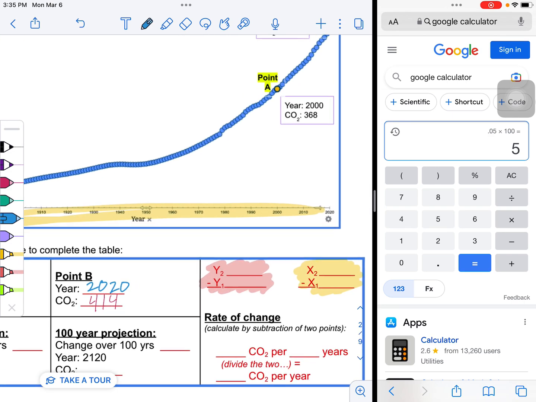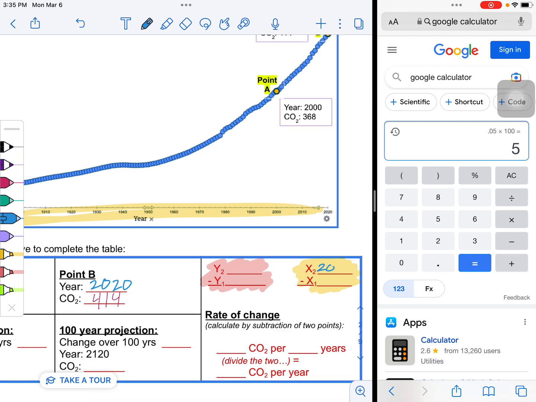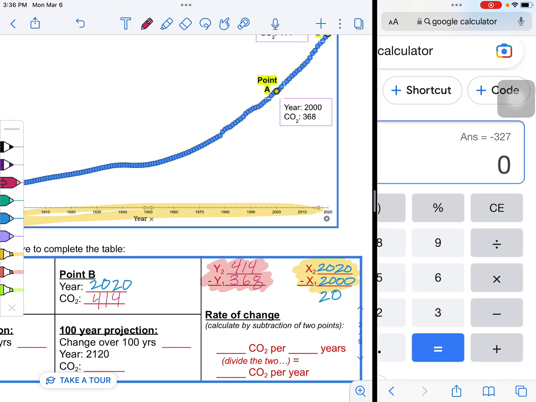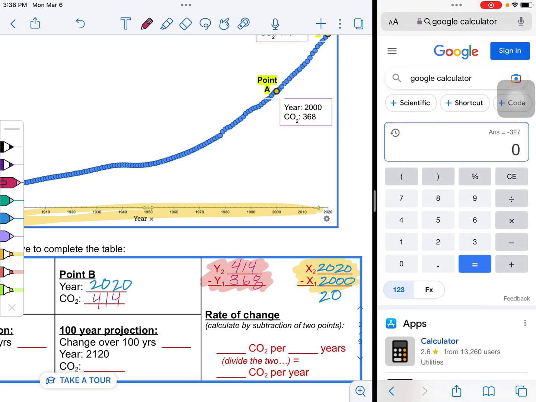And I need to do subtraction. So I've got 2020 minus the year 2000, so that's a 20-year span. And here I'm looking at 414 parts per million minus 368. There we go.